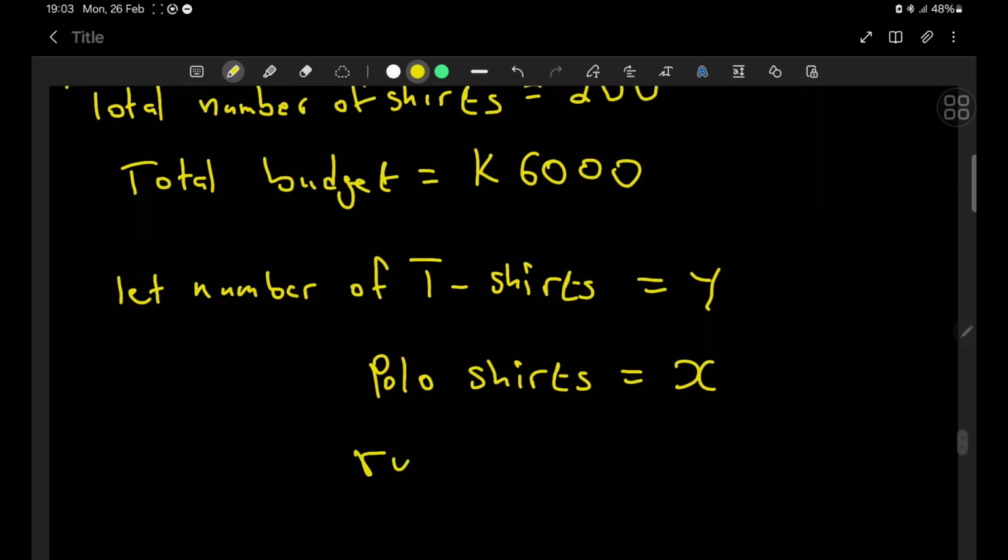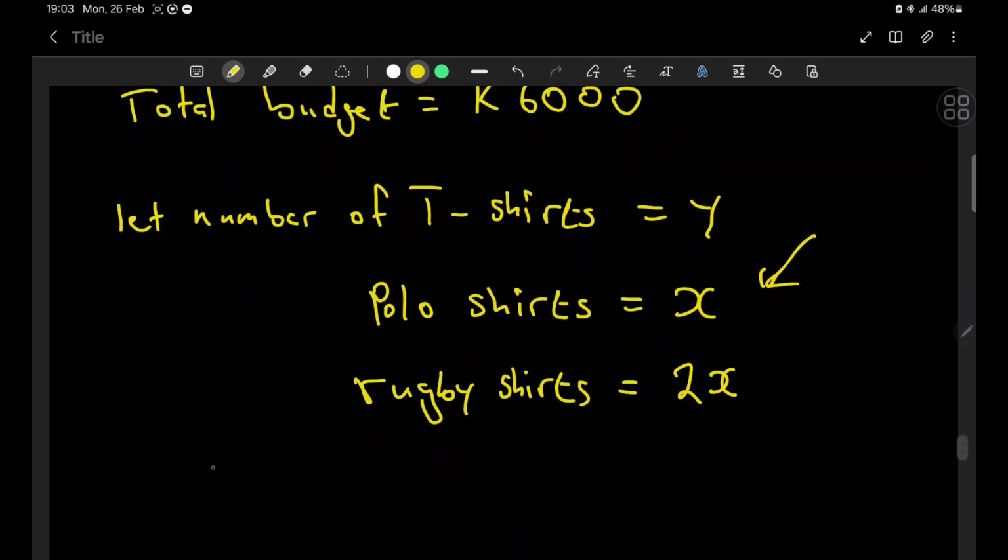Then rugby shirts, so remember in the question it says twice the rugby shirts as polo shirts. So if our polo shirts are equal to x, our rugby shirts will be equal to 2x. And remember the total number of shirts we need is equal to 200.